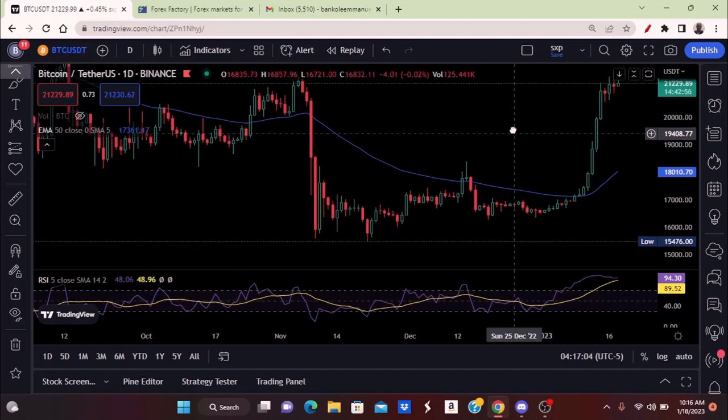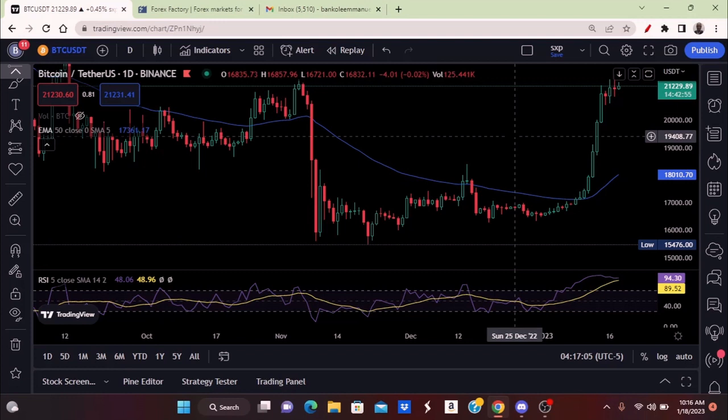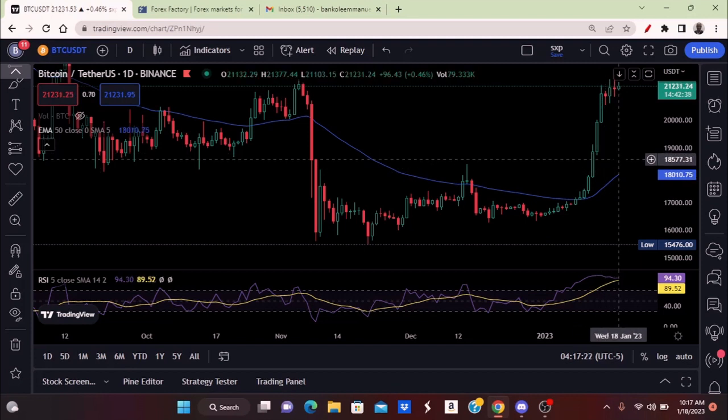We believe that large institutions would rather buy at round figures like 16,000, 17,000, 18,000, 19,000, 15,000, rather than what we retailers do. Retailers don't mind buying around, let's say, 18,555. These are retail levels.